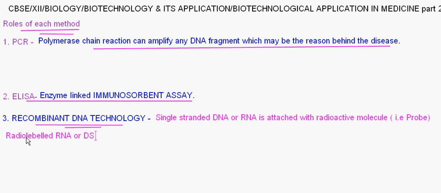Hybrid is a molecule which consists of different types of genetic material. Suppose, for example, DNA will bind with RNA, or RNA will bind with DNA, vice versa. Hybridize to form a double-stranded DNA molecule.